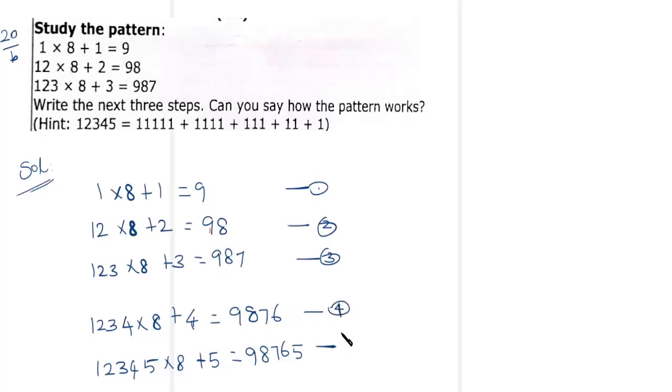They ask in the question to write the next 3 steps. These are the 2 steps. The final step is 1 2 3 4 5, so what is the next number? 6 into 8 plus 6 equals 9 8 7 6 5 4.